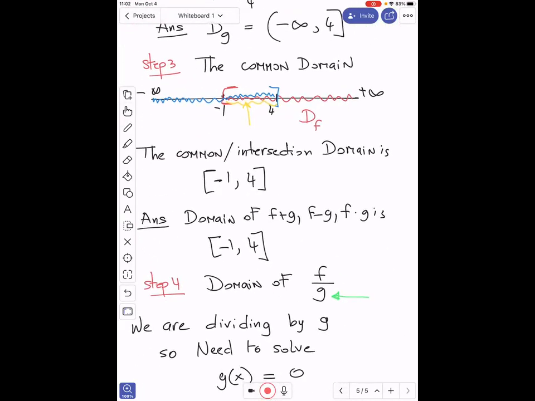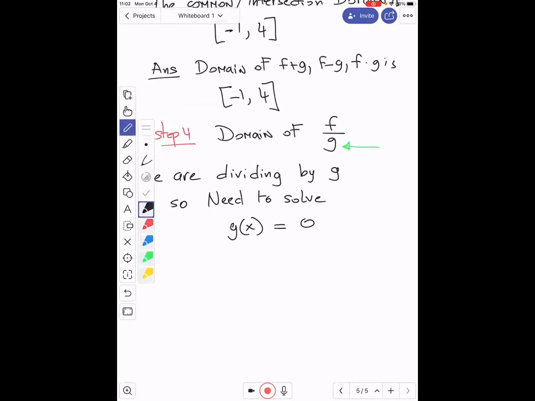That whole thing is my g, right? So I need to solve for this whole thing equal to 0. That's why we need to include the -2 here, because I'm solving g of x, my function g, and the -2 is in the function, right? So we need to use this -2.